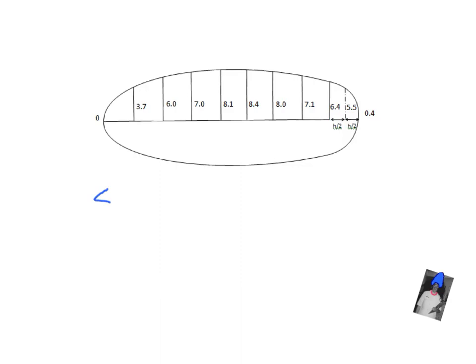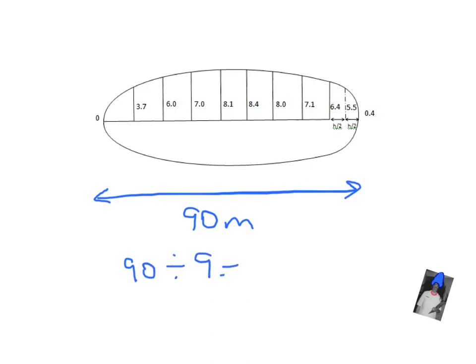Our total length of the vessel we've been given is 90 meters, and we have nine area segments: 1, 2, 3, 4, 5, 6, 7, 8, and the appendage counts as our ninth. So 90 divided by 9 gives an h value of 10 meters.